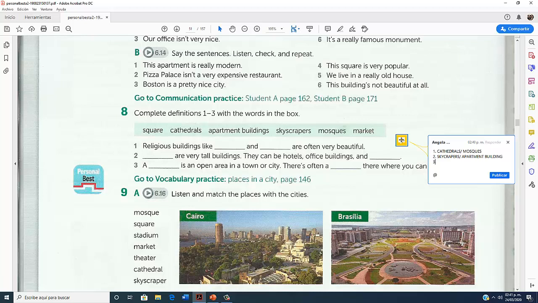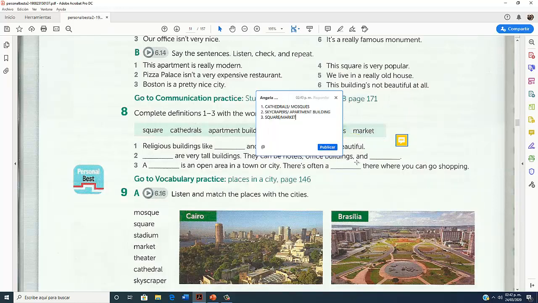Number 3. A square is an open area in a town or city. There's often a market where you can go shopping.